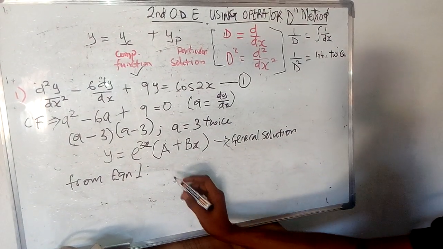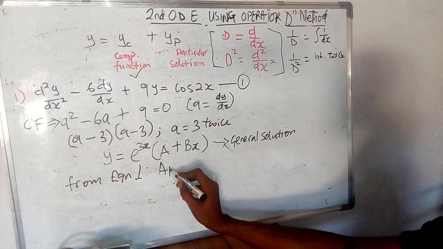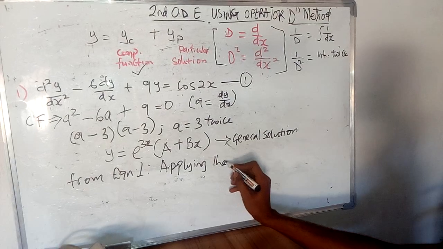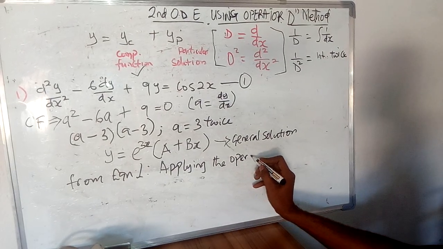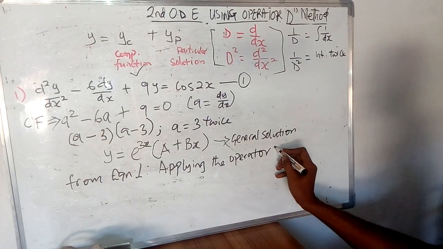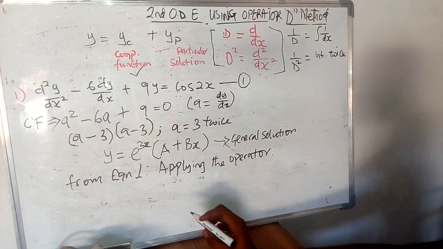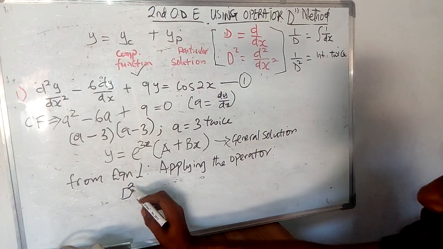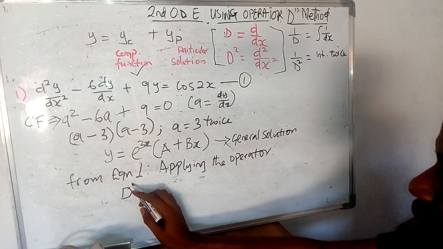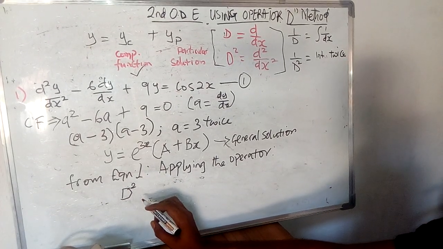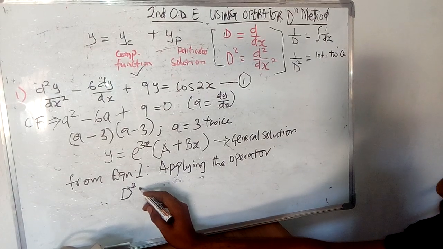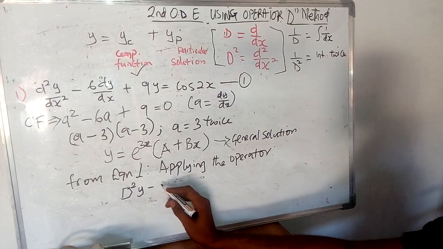Applying the operator, this will give us d squared y minus 6 d y.